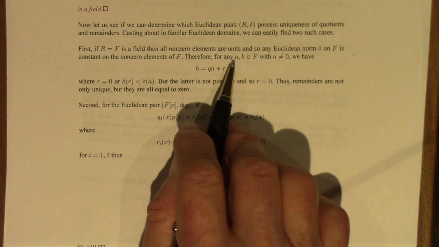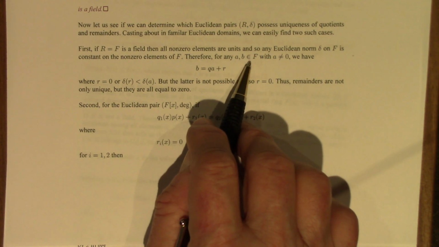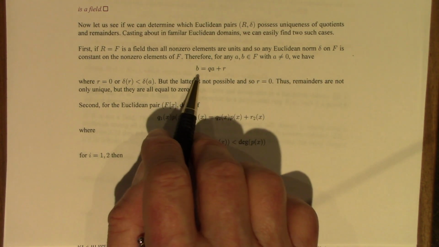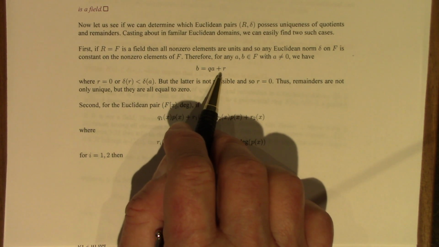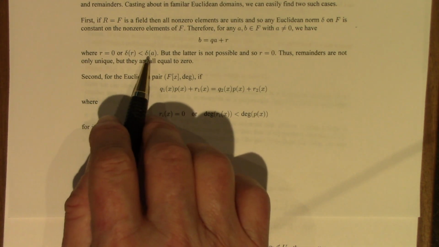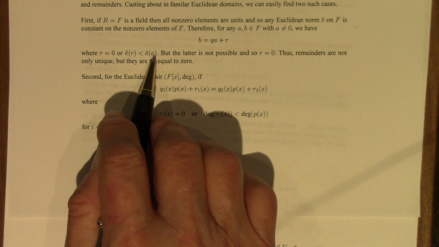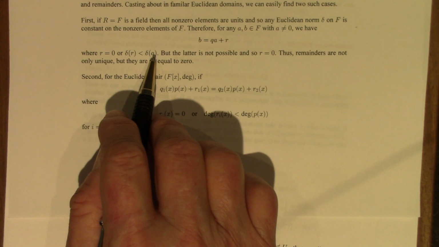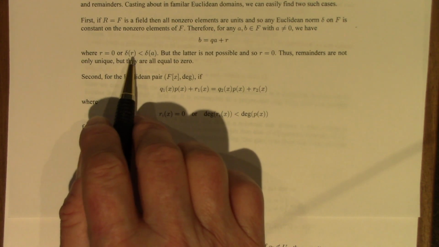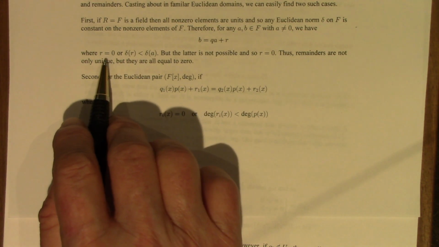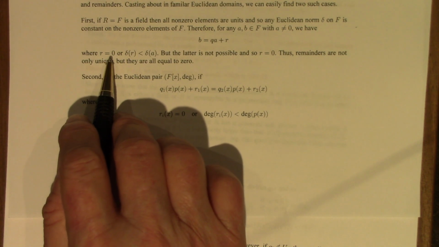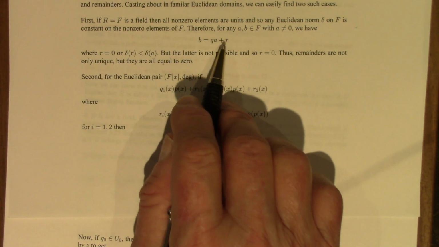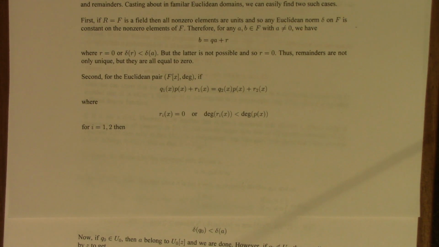Therefore, for any A and B in the field with A not 0, we can write this, where R is 0 or norm of R is less than norm of A. But that's not possible if the norm is constant on all the non-zero elements. So R must be 0. So all the remainders are 0, and therefore, of course, remainders are unique.